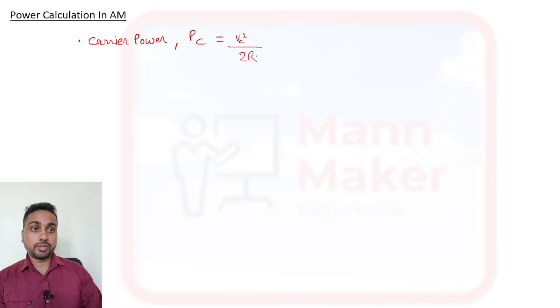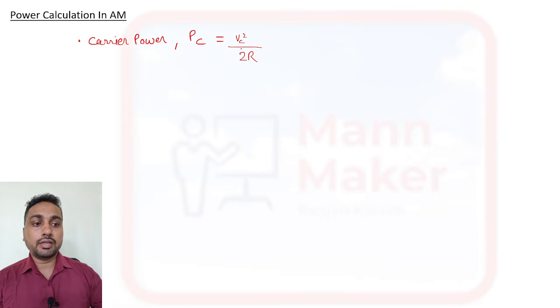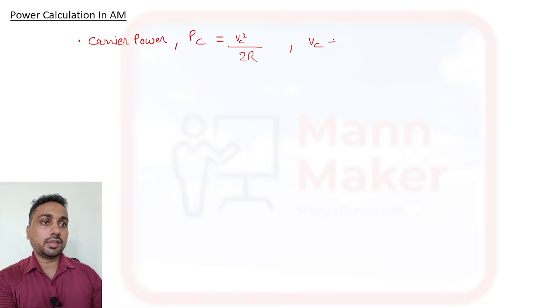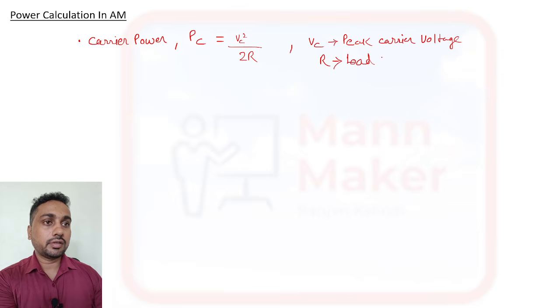Carrier power is equal to VC square divided by 2R. VC is your peak carrier voltage, and R is your load resistance.